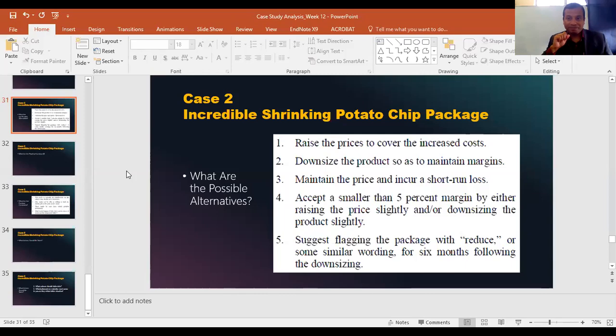And what I also thought was number 4, just to give a little percentage on raising the price and downsizing the product slightly, because that way both sides win: the company won't lose much and the customers won't lose much. So number 4 is a win-win situation between both sides.